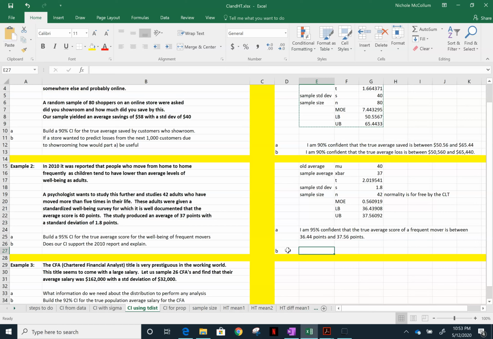And my answer is, based on the confidence interval, we see that it is extremely likely that frequent movers have lower well-being.